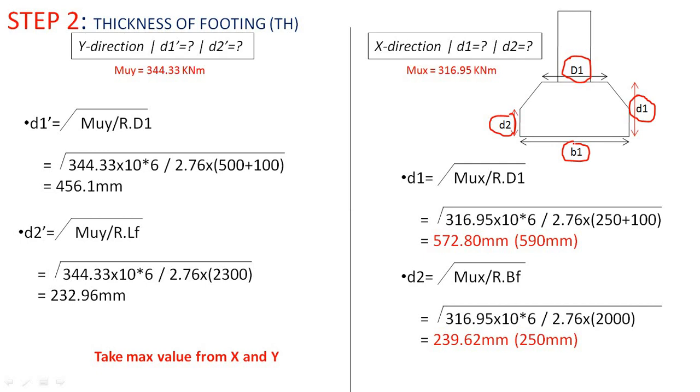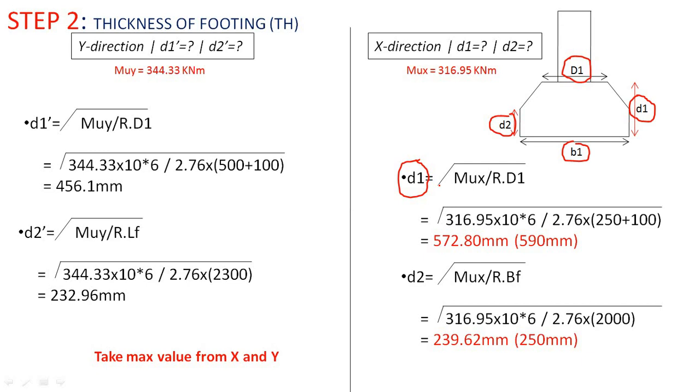So first we will find the value of small d1. The value of small d1 will be under root mu(x) upon r into d1. The mu(x) we have calculated in the previous slide is 316.95 into 10 raised to 6 divided by r, which is 2.76, into d1.